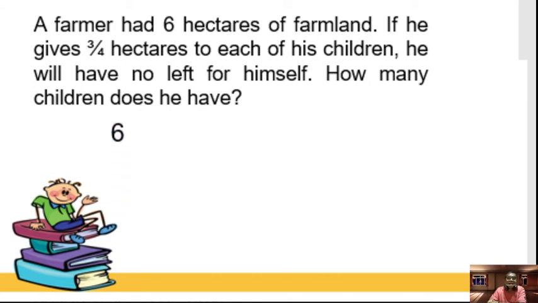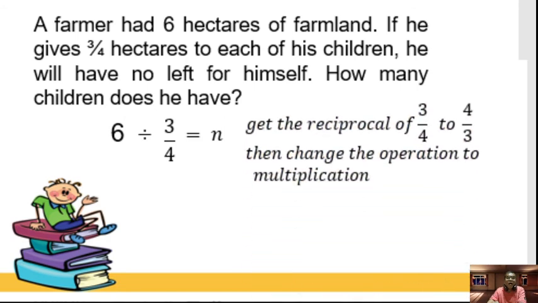Okay, so that is 6 divided by 3/4 equals n. And you have to get the reciprocal of 3/4, which is 4/3, and then change the operation to multiplication, and that is 6 times 4/3.